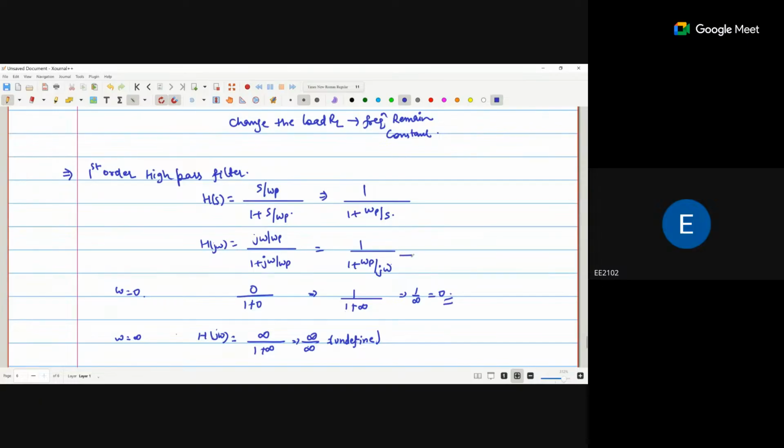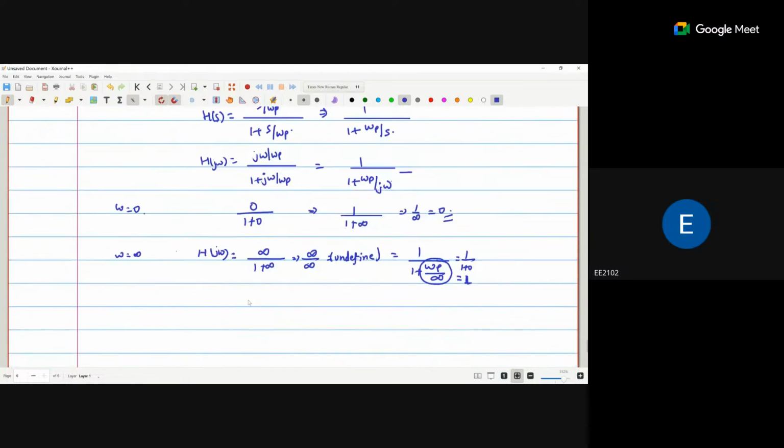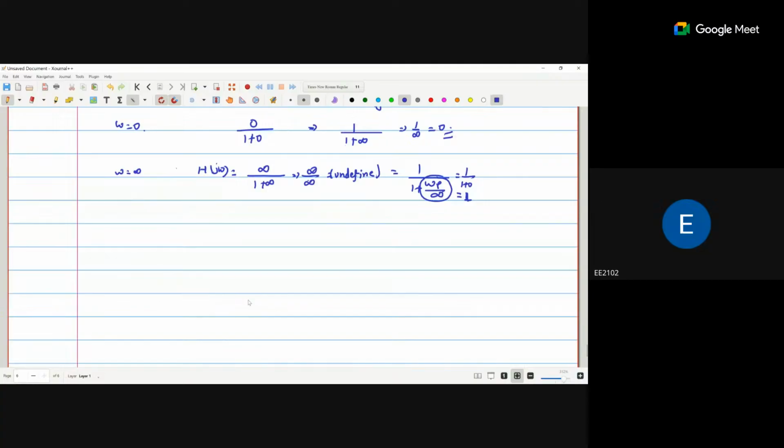If we go with this one, that is 1 upon 1 plus omega P upon infinite, so that is 0, and 1 upon 1 plus 0 becomes 1. So for the high frequency, the gain is 1. For the low frequency, gain is 0. The response is high pass.